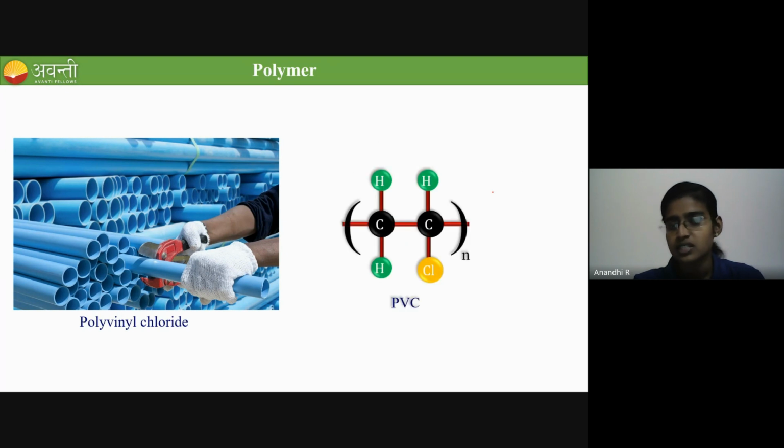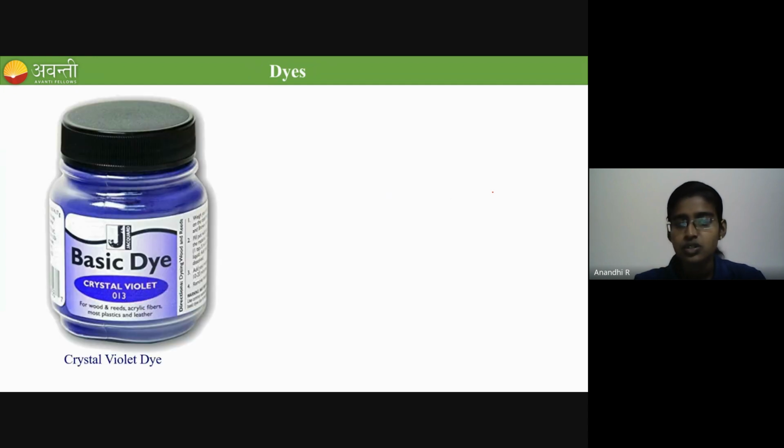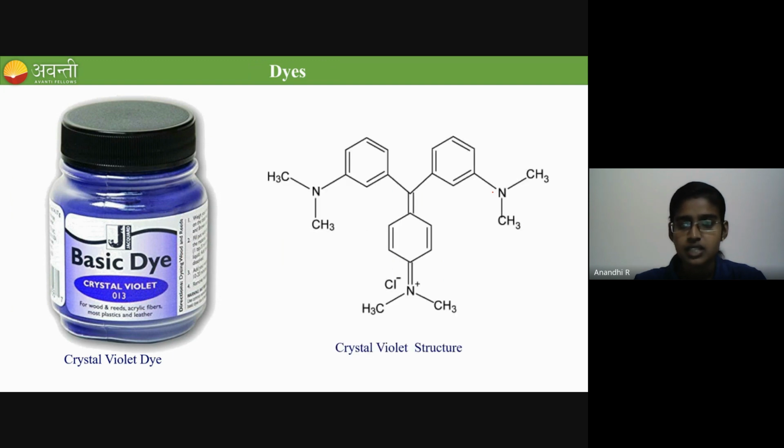You can see the structure here. It is a polymer, polyvinyl chloride, which contains chlorine, carbon, and hydrogen. In the dye industries also, they are using organic compounds only. You can see the organic compound which consists of two rings in it, a crystal violet structure, which is present in the dyes.